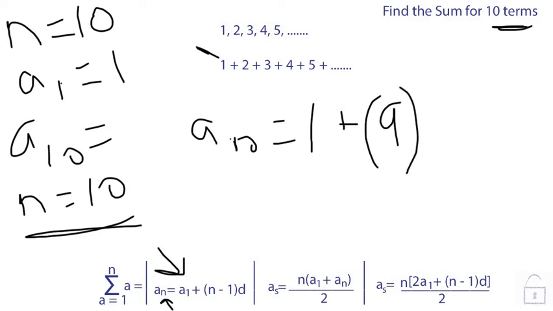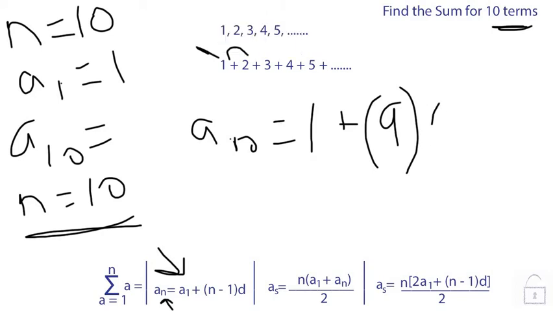Now what d is, that's the common difference between each number. So the common difference in this one, well, to get from 1 to 2, you have to add 1. To get from 2 to 3, add another 1. From 3 to 4, you add 1 more. So now we know that that is equal to 1.